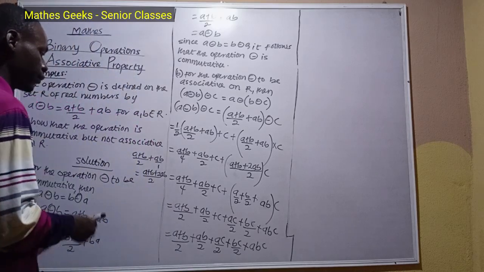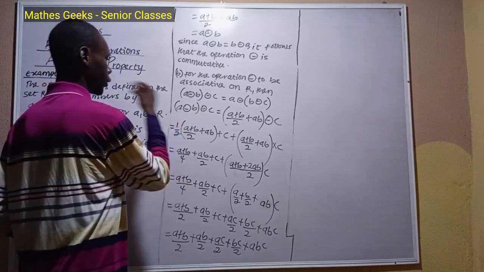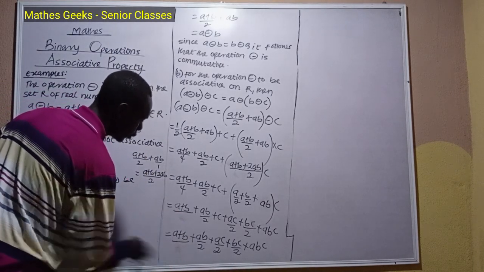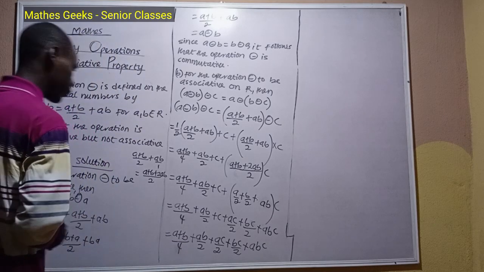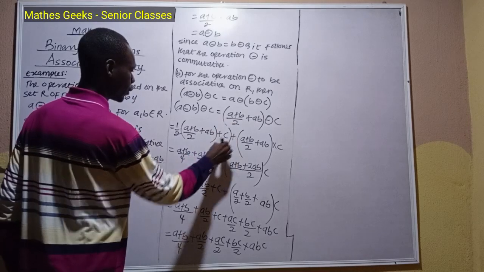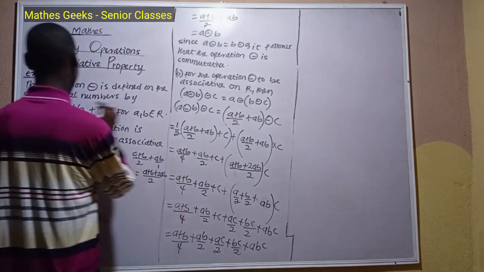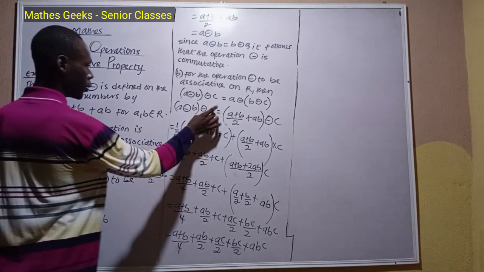So that's the value for A operation B operation C. It is A plus B over 4, and here this also be here because this bracket is A plus B, where B is C here.